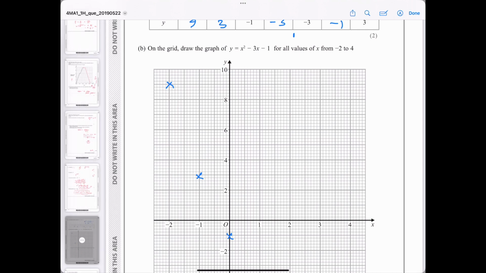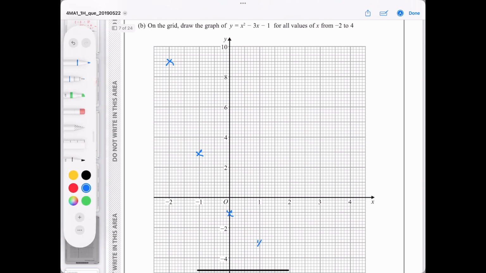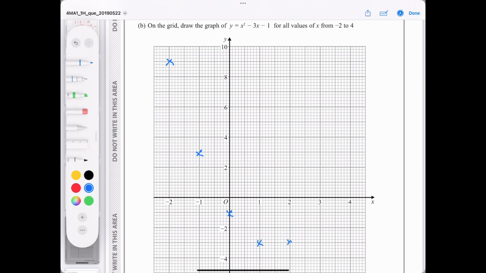It's slightly irritating to do. And then we go to 2, which is -3. That means it's sort of symmetrical around there. Then we go to 3, which is -1. And then we go to 4, which is 3. And then we draw it smoothly in. Now, I may not be drawing that smoothly. I mean, that was not beautiful, but it'll do.